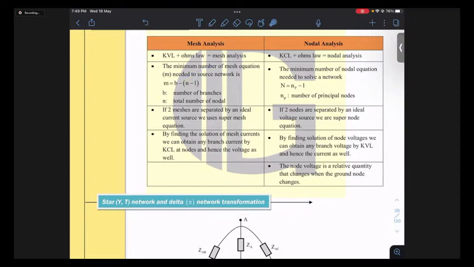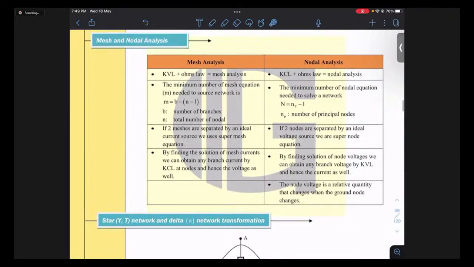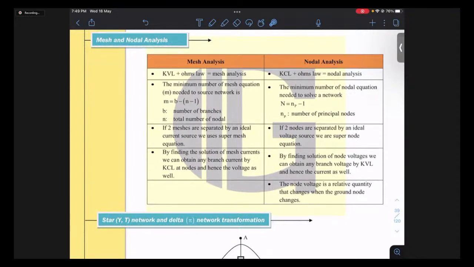Okay. Now let us see the next concept, that is mesh analysis and nodal analysis. Students, these are two systematic methods to solve network problems. So far, in the questions I have taken in this chapter, there was no systematic way.